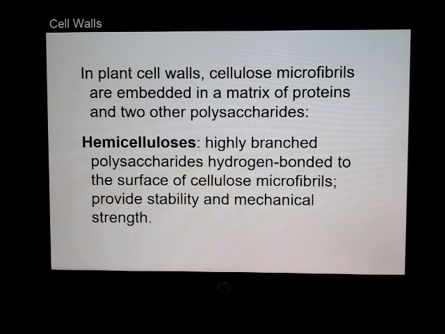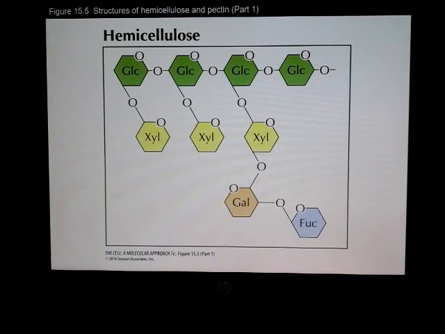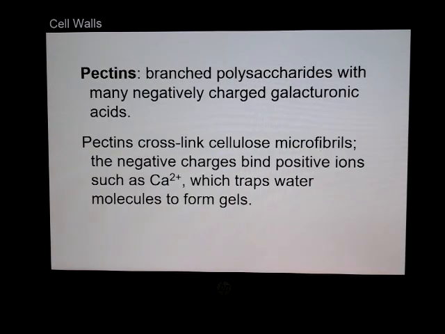They have these cellulose microfibrils, but they also have what are called hemicelluloses. Those are highly branched polysaccharides, hydrogen bonded to the surface of the cellulose microfibrils. They provide stability and mechanical strength. And here's an example of a hemicellulose molecule.